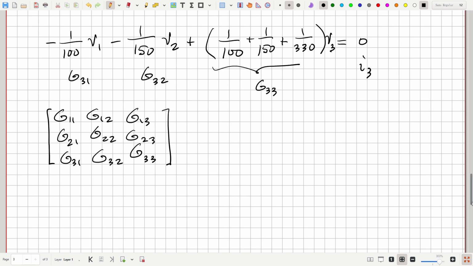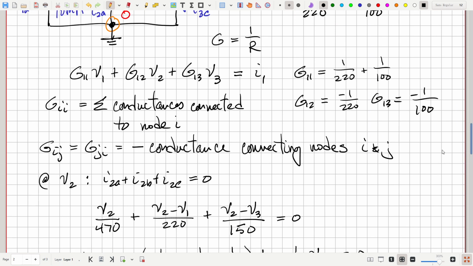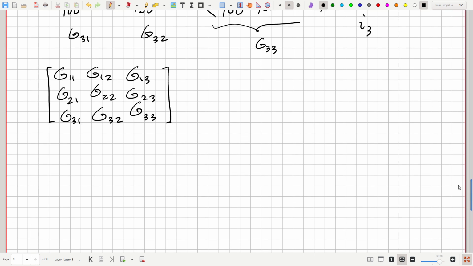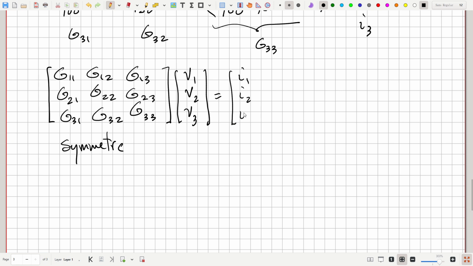And remember, because Gij is equal to Gji, it's a symmetric matrix. That would mean that the off-diagonal terms are equal. G12 is equal to G21, G13 is equal to G31, G32 is equal to G23. Okay, that times the unknowns, V1, V2, and V3, will be equal to the right-hand side currents, I1, I2, and I3.